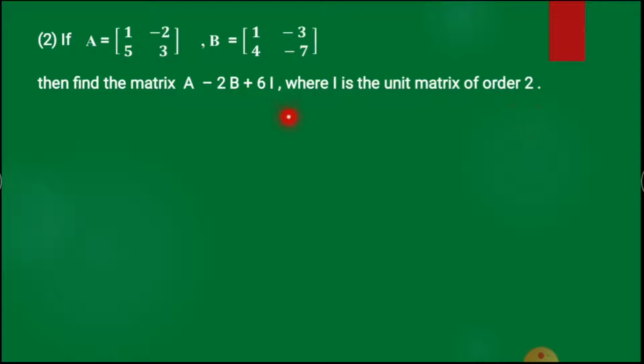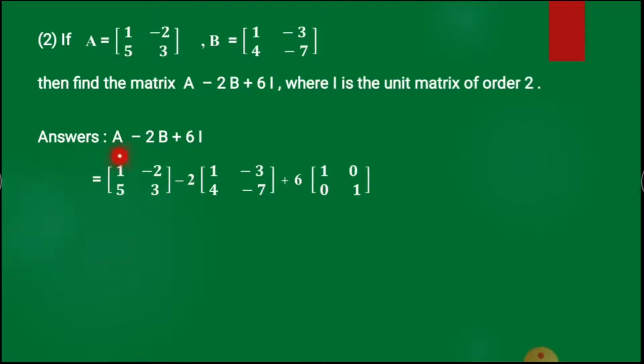So here first we write the given form in the answer, A minus 2B plus 6I. Here the given condition is I is the unit matrix of order 2. So we have to take the unit matrix, that is the identity matrix of order 2. So we substitute here matrix A, which is given having elements 1 minus 2 5 3.